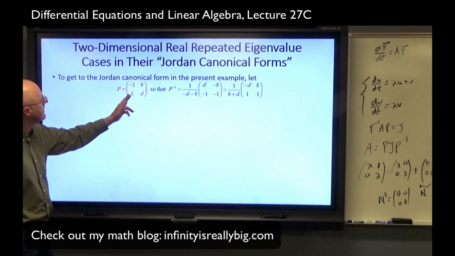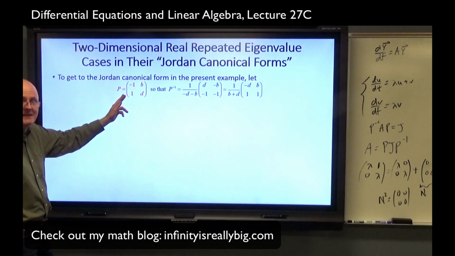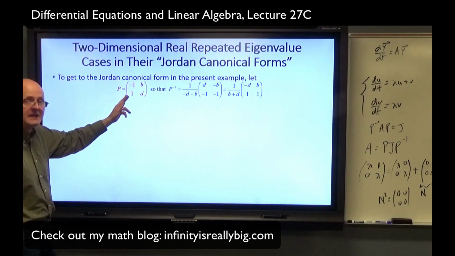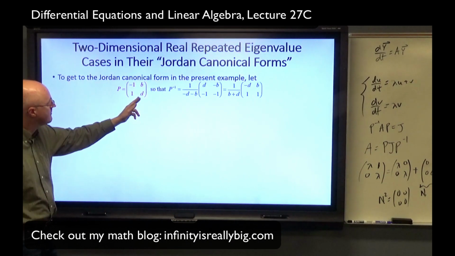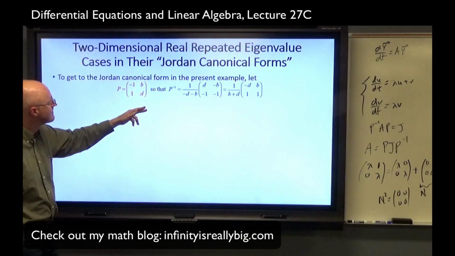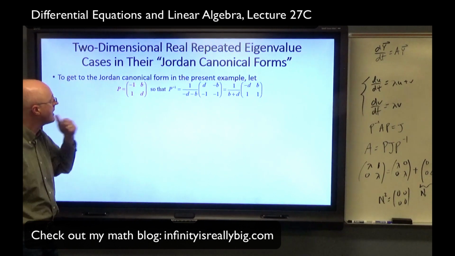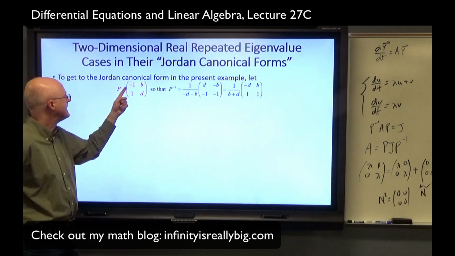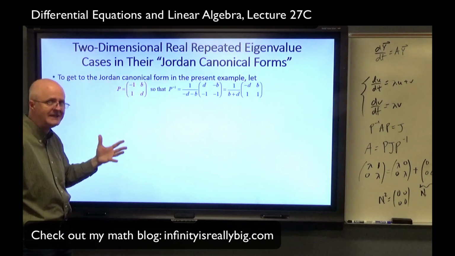I've made the first column be the regular, ordinary eigenvector corresponding to the eigenvalue lambda equals 2, and I'm letting the second column be (B, D). That's just some other column vector that I've got to figure out. It better not be a multiple of the first column, because P does need to be invertible.